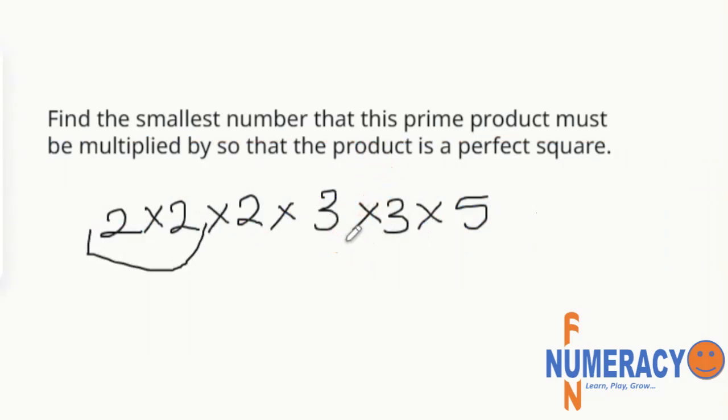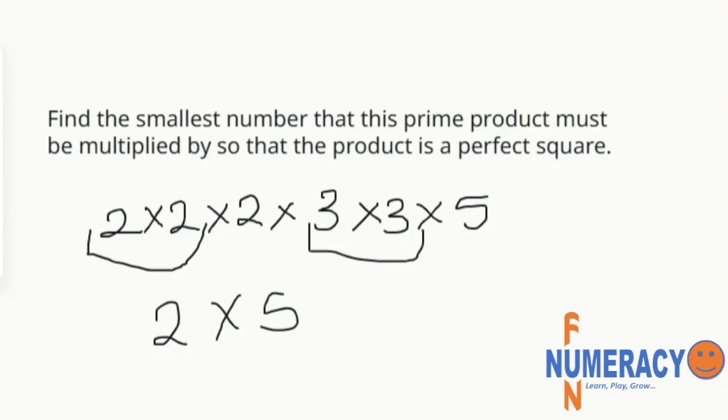So I have 2, so we still have to add one more 2 to make this 4 to make it even, and we still need to add one more 5. So you can conclusively say that 2 times 5 is the smallest number that we need to multiply the main number by to make it a perfect square.